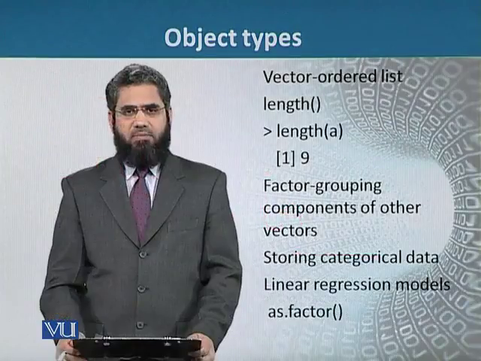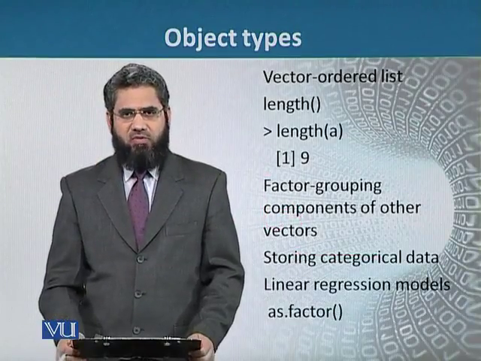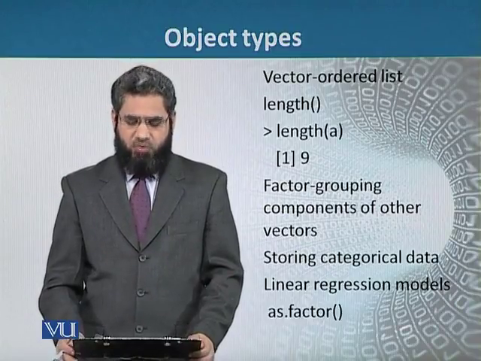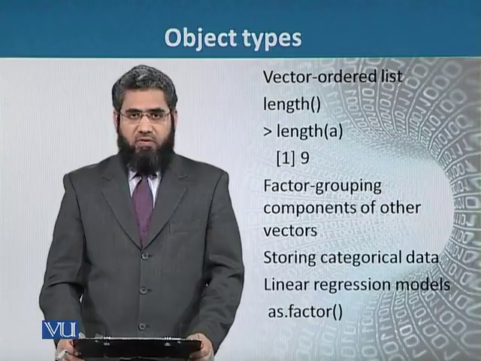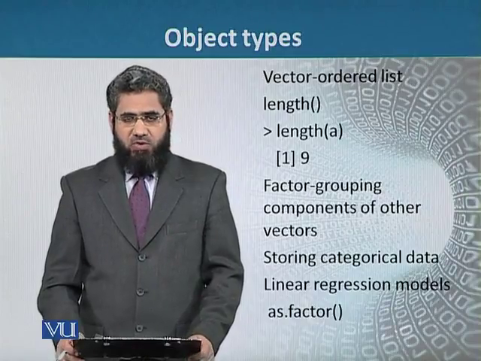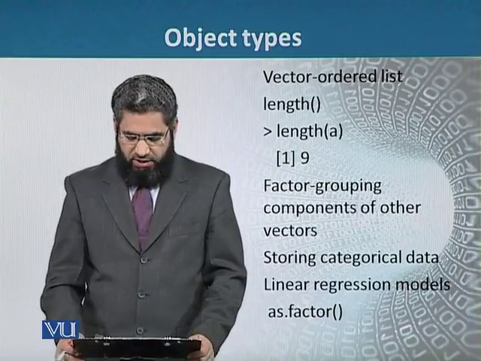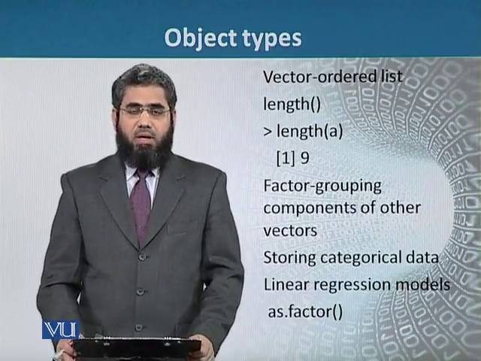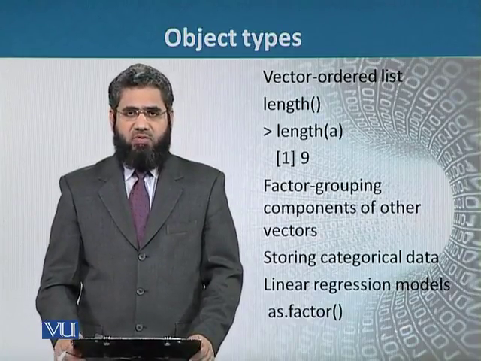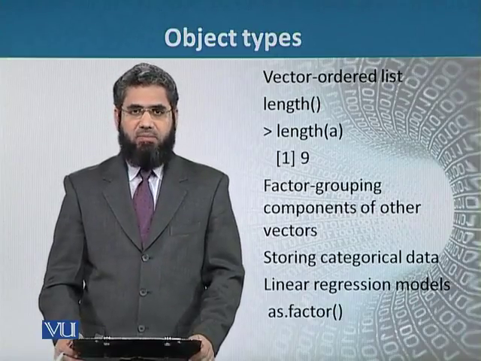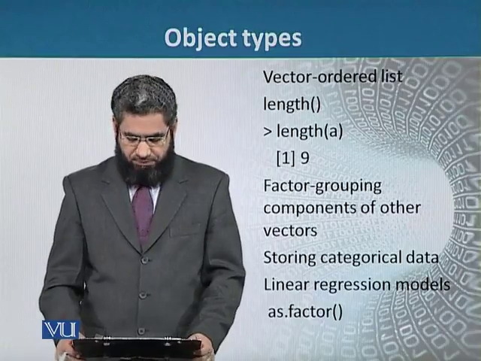We have already studied vectors. As we know, vectors are ordered lists of numbers or strings. So here we will again see one of the unique features of the vector, that is, we can calculate the length of the elements present in the vector. The command used is length() with parentheses.